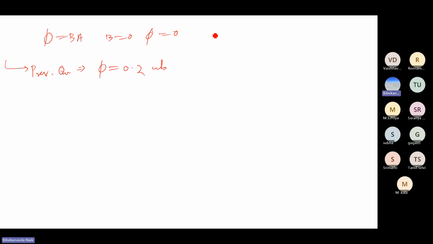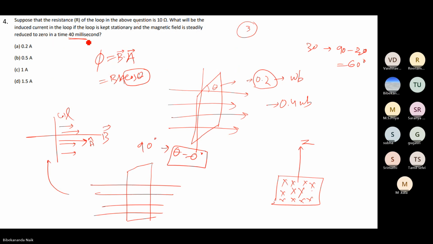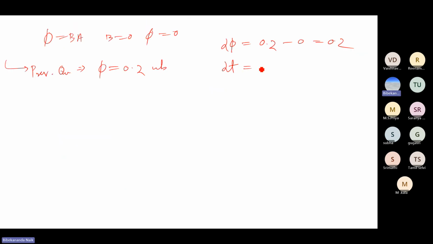The change of flux d phi is 0.2 minus 0, which is equal to 0.2, and the time taken to reduce it to 0 is given in the question. It is 40 millisecond, so it is 40 into 10 to the power minus 3 second.